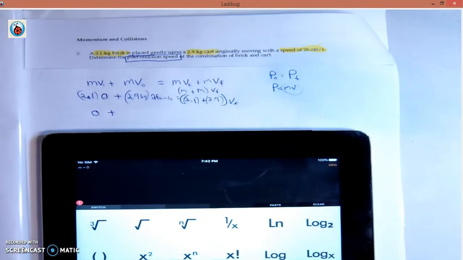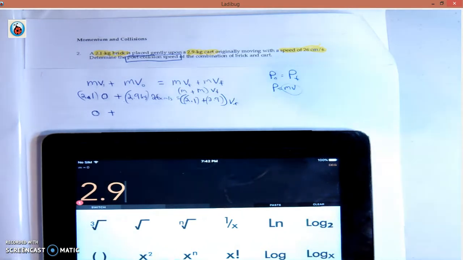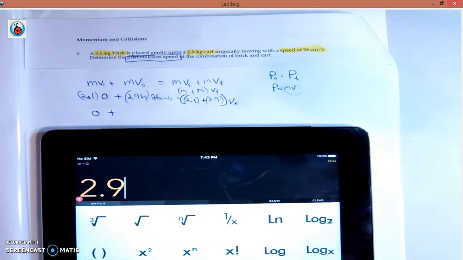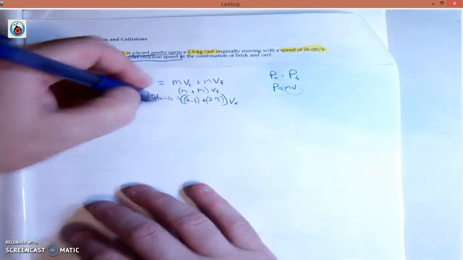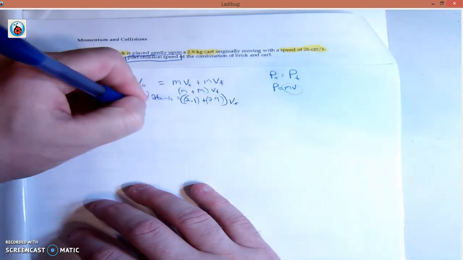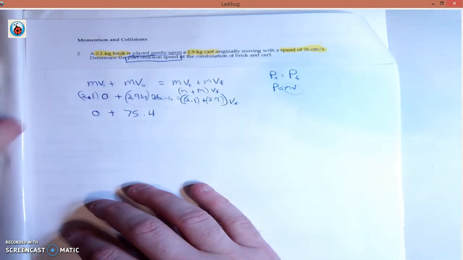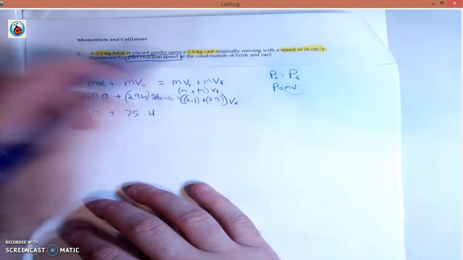So what is it? 2.9 times 26 equals 75.4. Awesome. So 75.4 was our momentum of the cart, right?